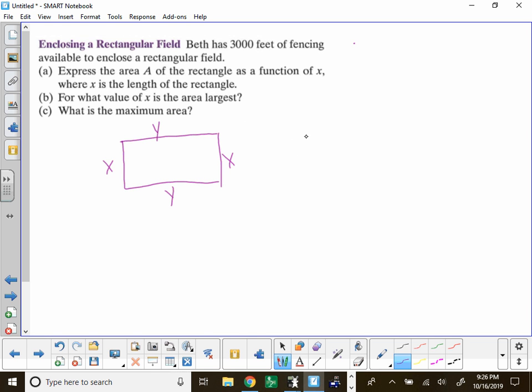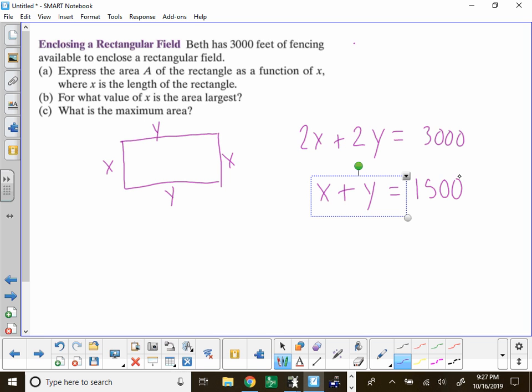Get tired of it. 2x plus 2y equals the perimeter, which is 3,000. So if we divide all that by 2, x plus y is equal to 1,500. The area is equal to length times width, which would be x times y.